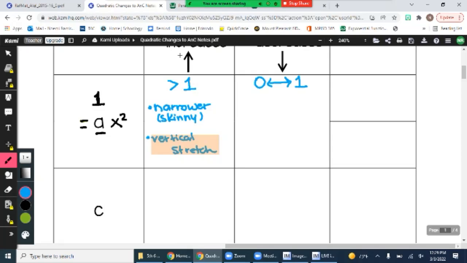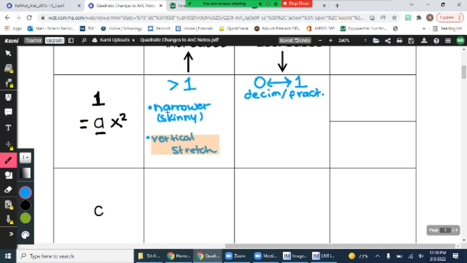What kind of numbers do you find in between 0 and 1? Decimals or fractions. Decimals or fractions is what we're describing when we say numbers between 0 and 1.